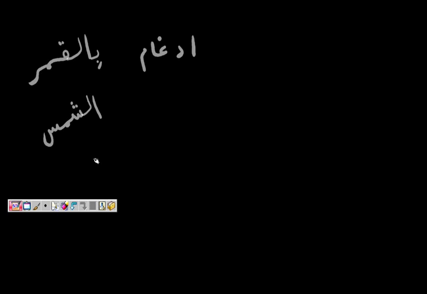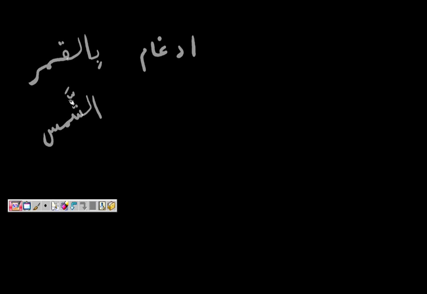Do I say al-shams? Bismillah il-Rahman nil-Rahim? No, I say ar-Rahman ar-Rahim ash-shams. Right? So the lam is assimilated into the sheen, or the lam is pushed into and then lost within the sheen. Right? That's called idgham.